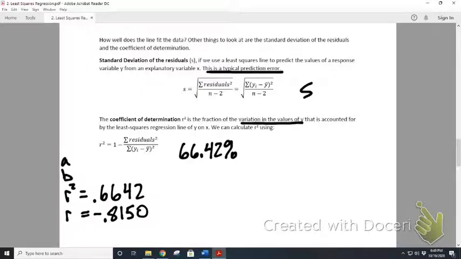This number is more useful to compare to other models. So if we were to run some kind of quadratic model or something like that and compare the two R squareds, the one that has a higher R squared is better.